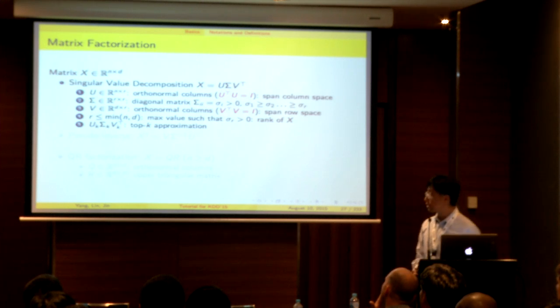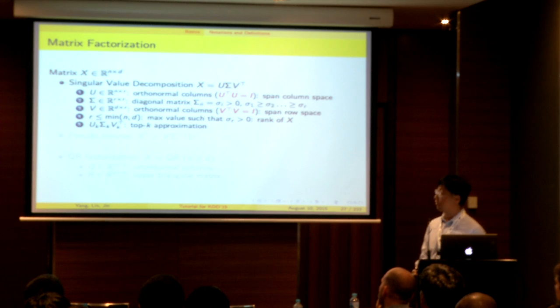For matrices, later on we will probably mention several kinds of decompositions and factorizations. The first is the singular value decomposition. We decompose X into two orthonormal matrices and a diagonal matrix with non-negative entries.